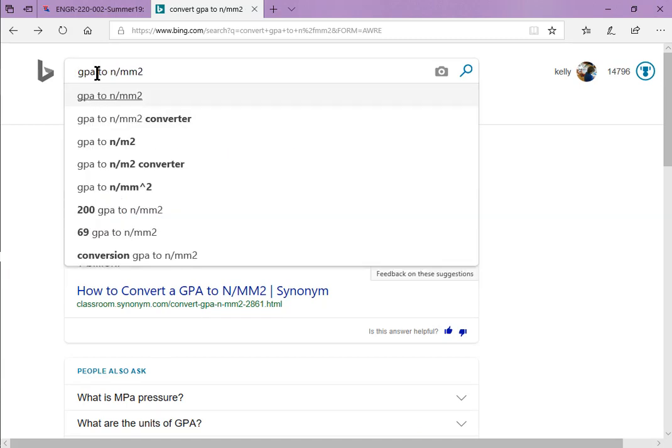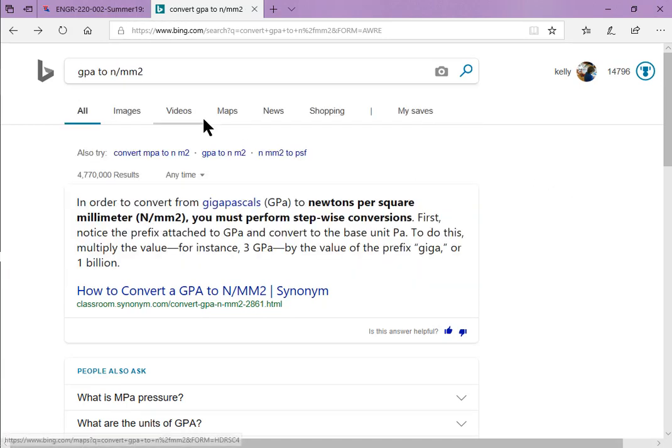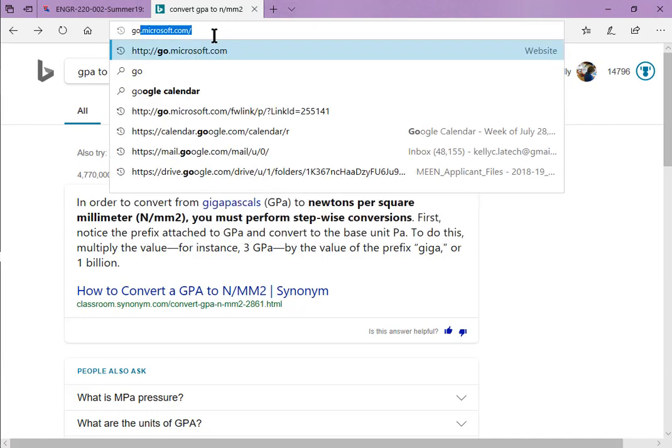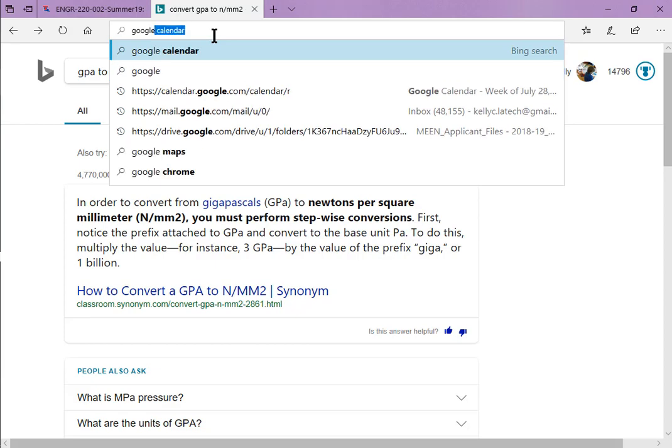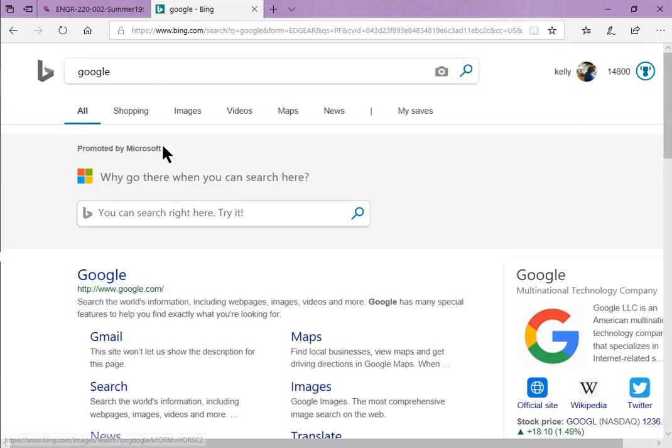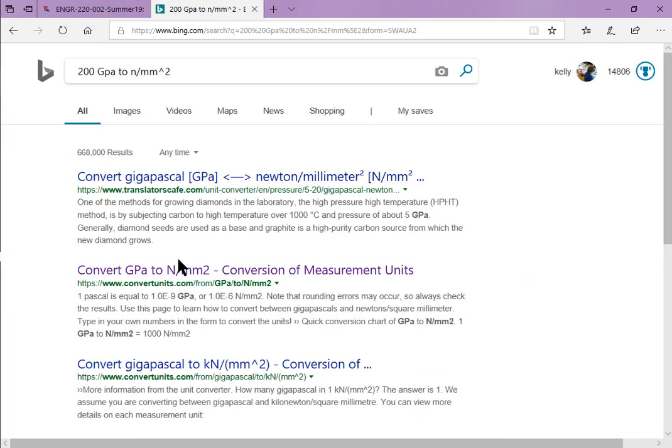Oh, you know what, they were using Google to search, not Bing, so that might be a difference for some reason. But I searched it too, and it was a problem, because they were trying to do 200 gigapascals to newtons per millimeter square. Anyway, Bing really wants to be my search engine, apparently.